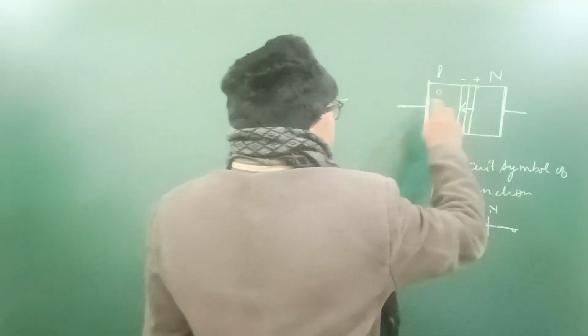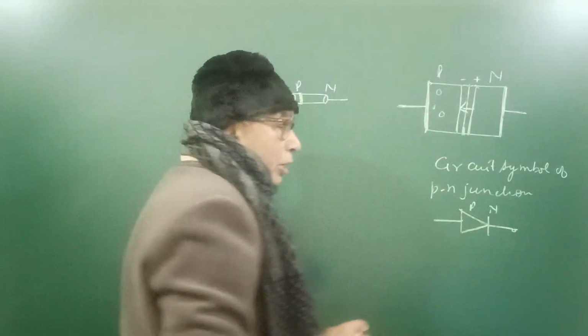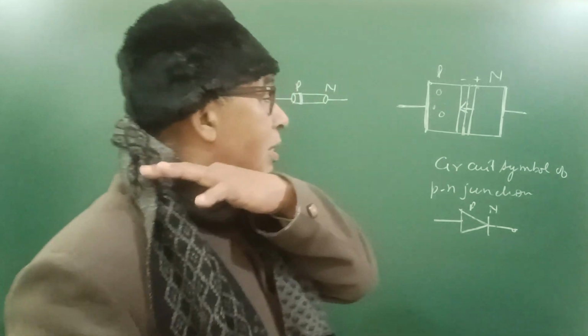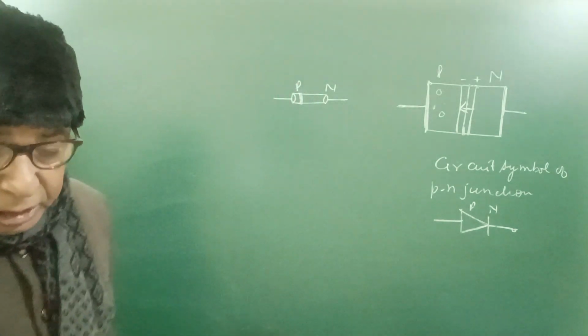Depletion region, width of depletion region, an important thing here. The width of the depletion region depends on dopant concentration.